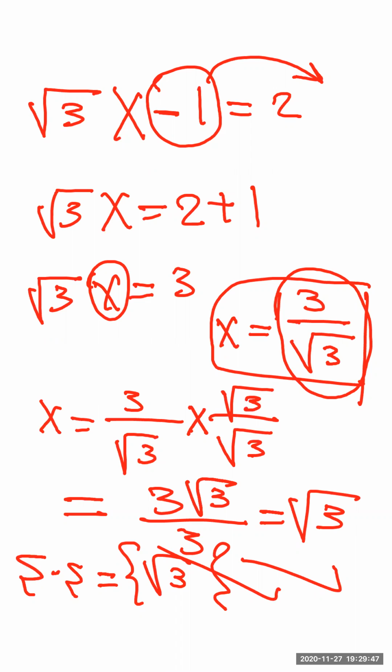Then how to represent square root of 3 on the number line. I will explain all the points in this example. Before, guys, we studied in the second lesson how to represent this.